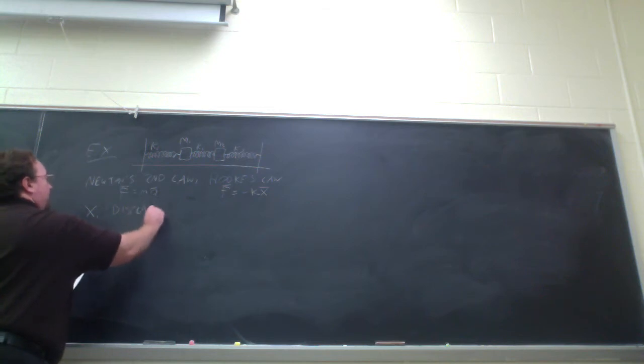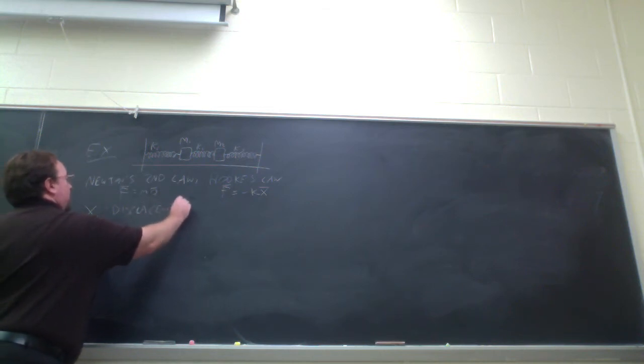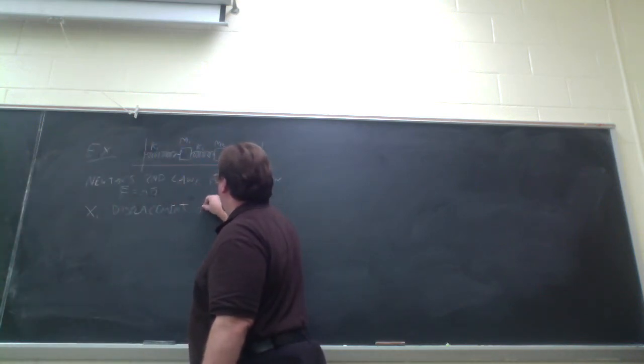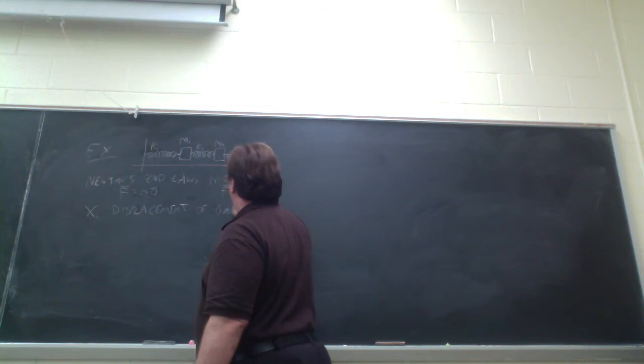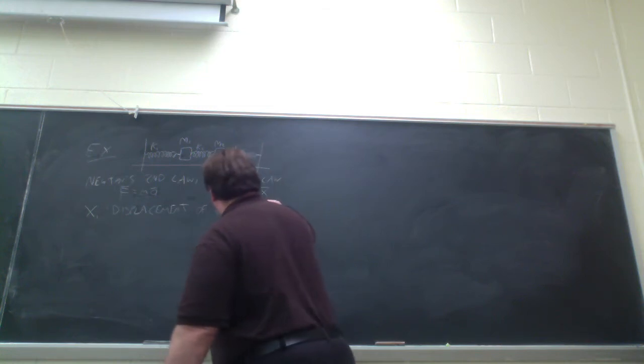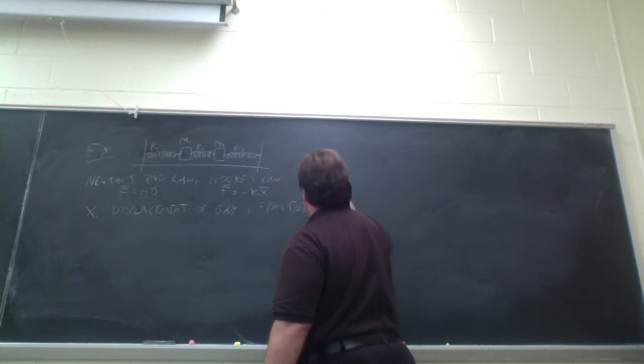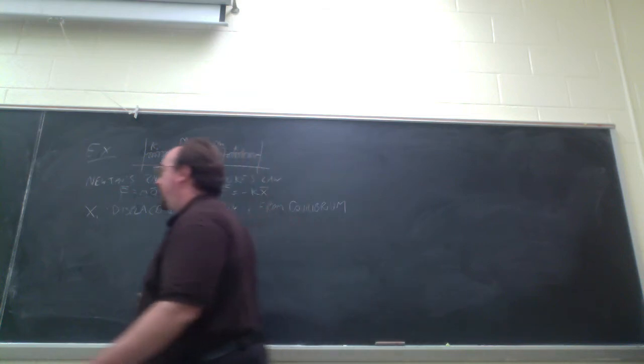So for each xi, we have x1 and x2, one for each of these objects. So x1, for instance, is the displacement of body number 1 from equilibrium. When we're sitting at equilibrium, everything is 0.